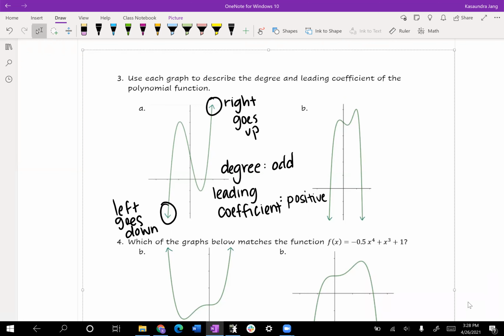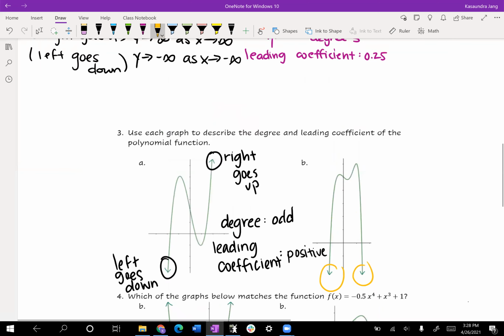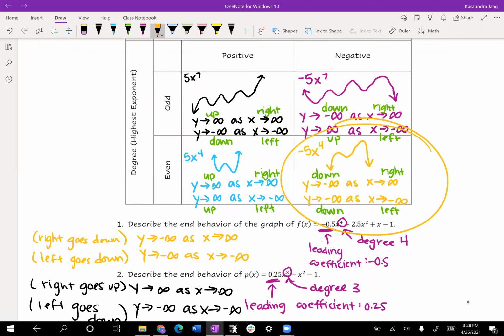Let's see. My leading coefficient in this case, because both ends are going down, I think it's got to be like this guy. Both ends are going down. That has a degree that's even.